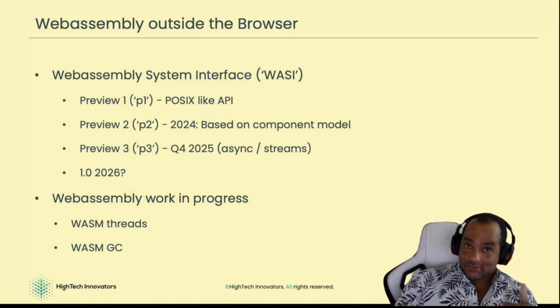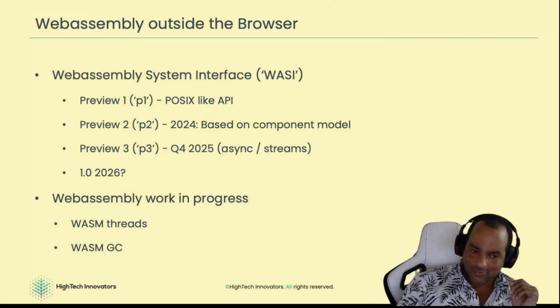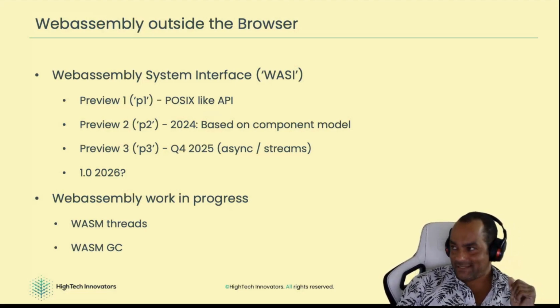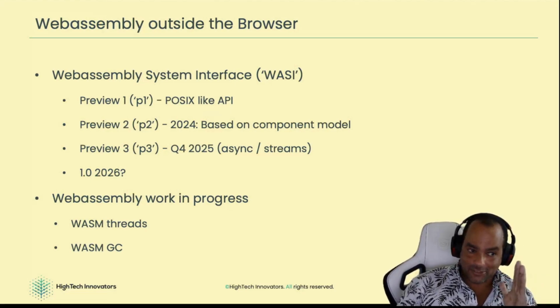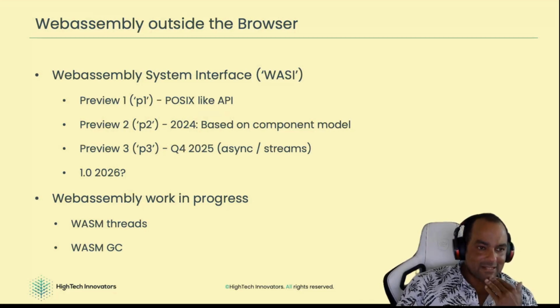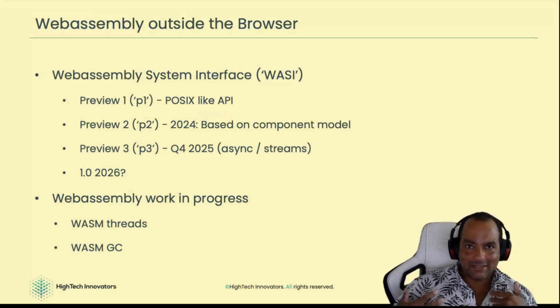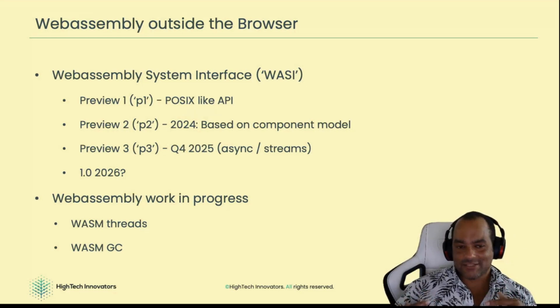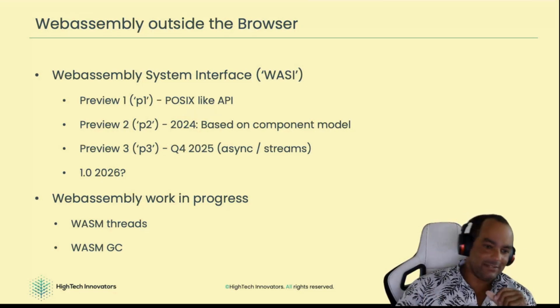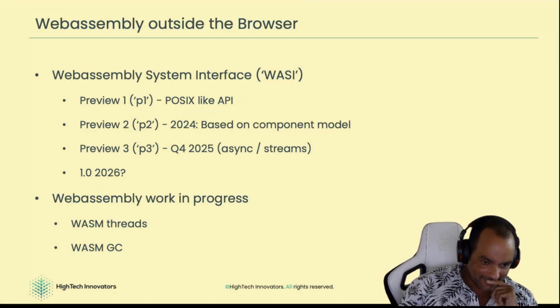If you want to run server-side compute, you need some access to the operating system. Otherwise, it's useless. But on the other hand, to be able to trust untrusted code, you do need to sandbox that. So the interface that's basically WASM's answer to POSIX is called WASI, WebAssembly System Interface.